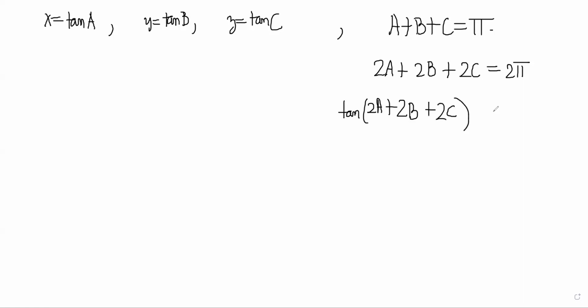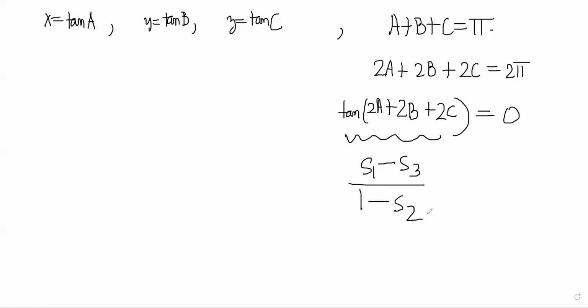You will realize that tan of 360 is 0 because sine of 2 pi is 0, right? Yes, sir. And when you do tan of some three angles, the formula of expansion is always (S1 minus S3) by (1 minus S2), right? Yes, sir. So if tan of 2A plus 2B plus 2C is 0, that means S1 is equal to S3 then.